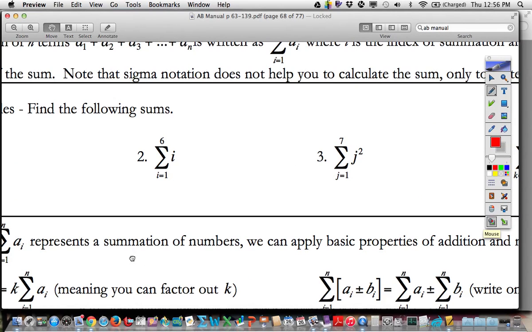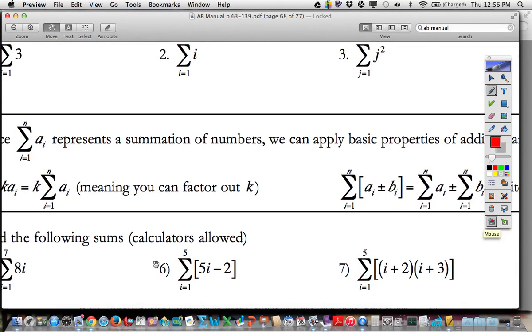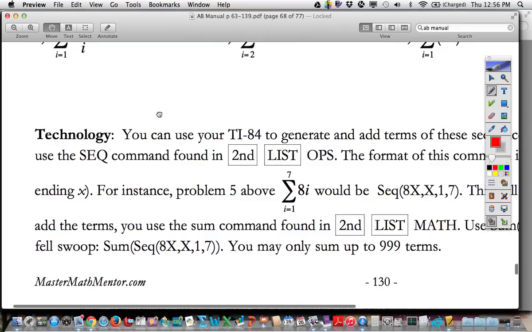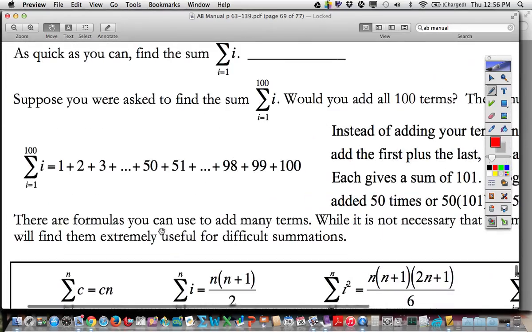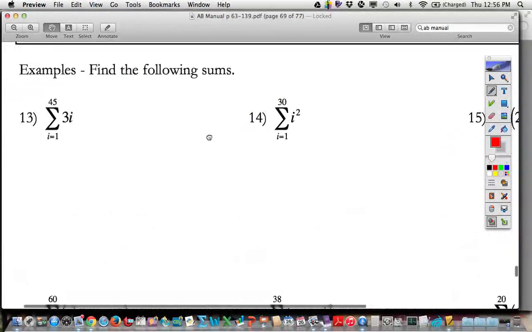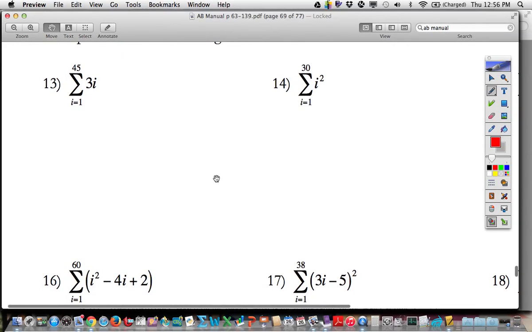Now what happens if we do want to do one, for example, this one, i equals 1 to 45. I don't really want to write that out 45 times and add that up. So it turns out for certain ones, there are some formulas we can use.